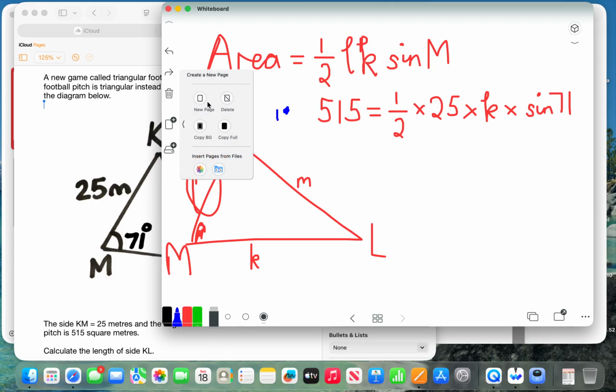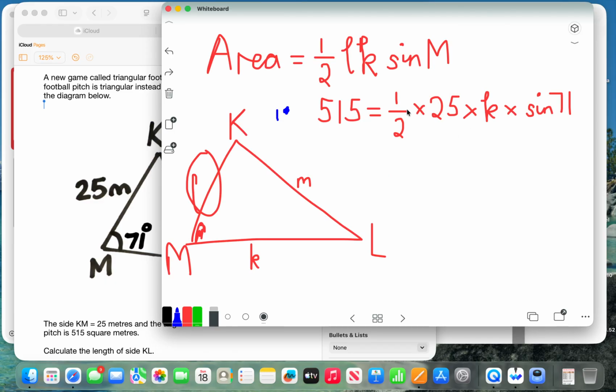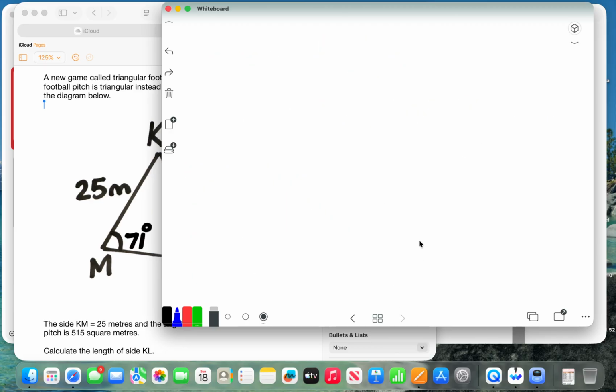Let's rearrange this. So we have the half multiplying on the right hand side. So if we divide both sides of this equation by a half, I wanted it in red. Let's go back. Get it in red.